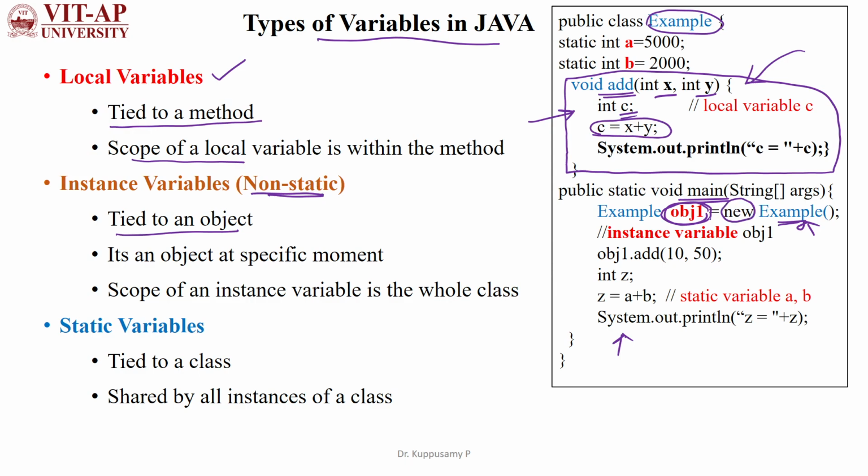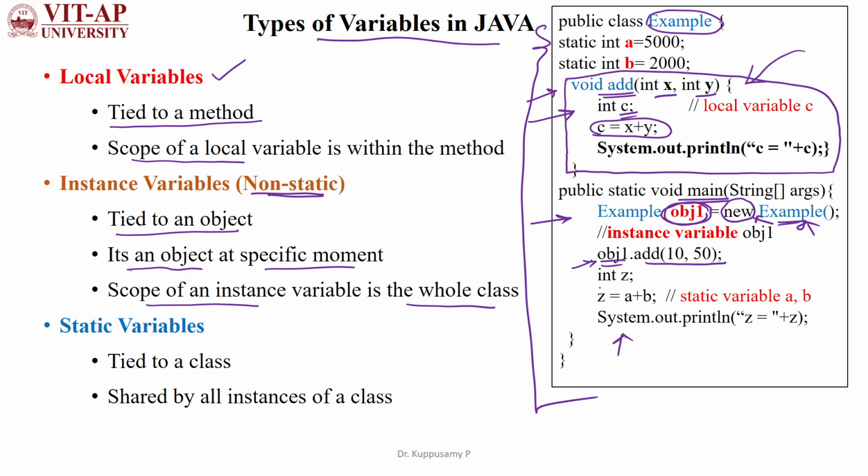Now the object is stored in some memory location with the default value. Now I am calling the method by using the object variable, which is called an instance variable. We are just calling the method add by using that instance variable. It is an object at a specific moment, as I told you. The object variable is created at this moment. The scope of the instance variable is the whole class, so inside this whole Example class, we can use that object variable wherever we require.